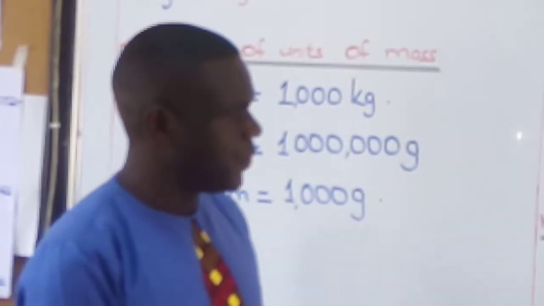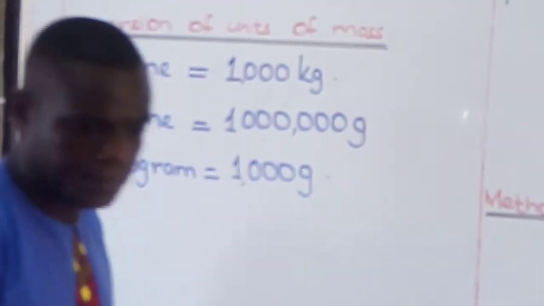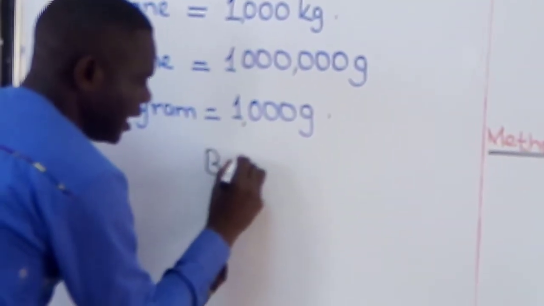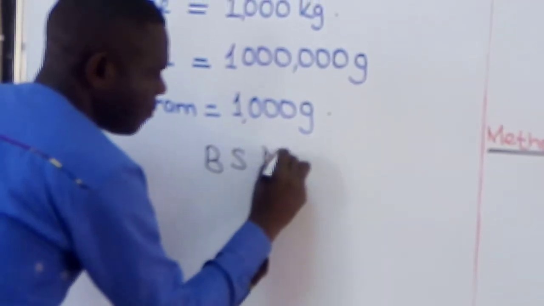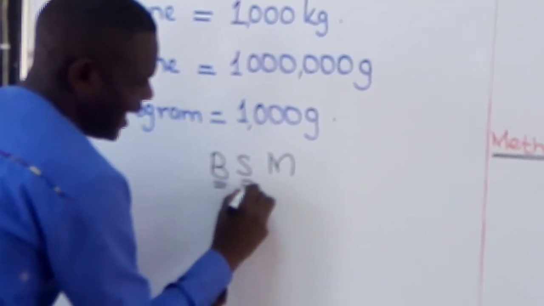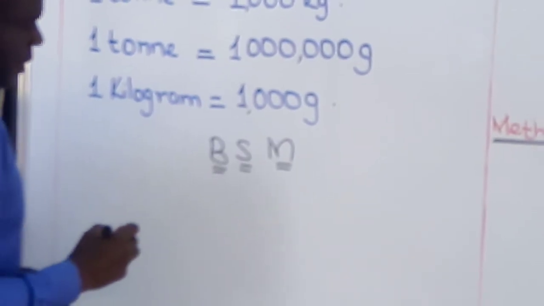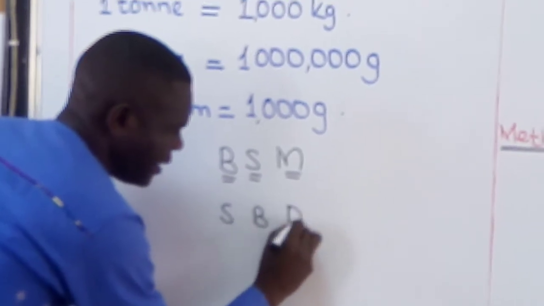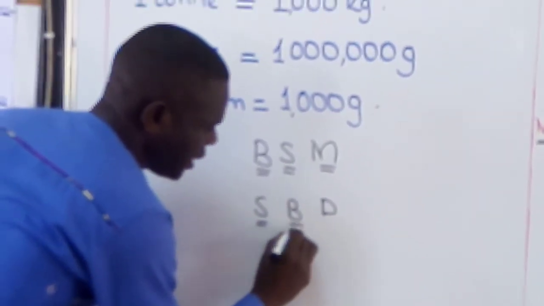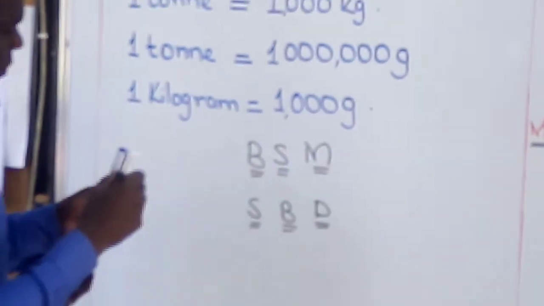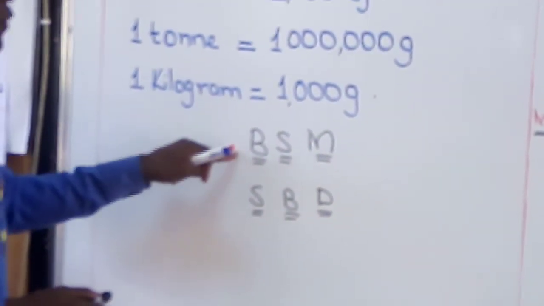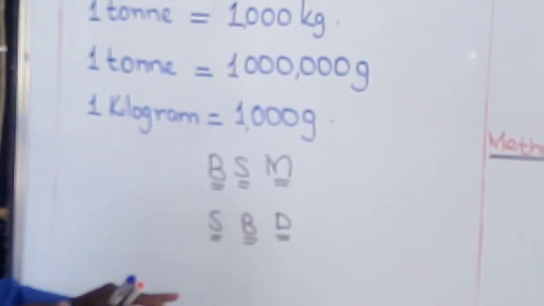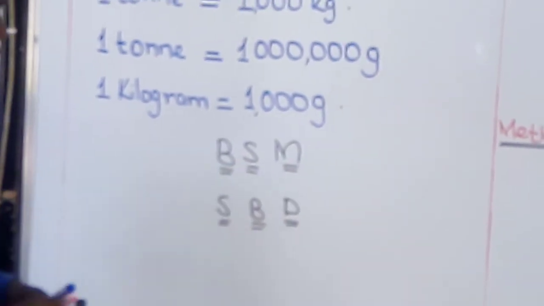And so we had the slogans: B is M, bigger to smaller, multiply. We also had smaller to bigger, divide, SBD. From a bigger unit converting to a smaller unit, we must multiply. But from a smaller unit converting to a bigger unit, we must divide.